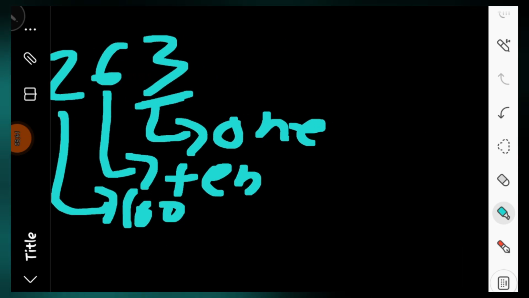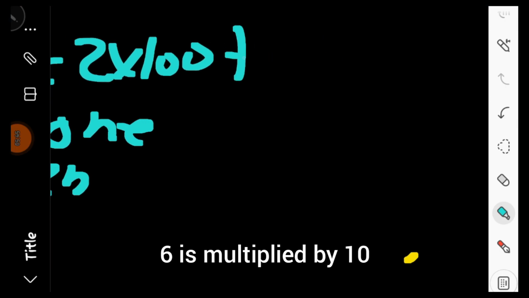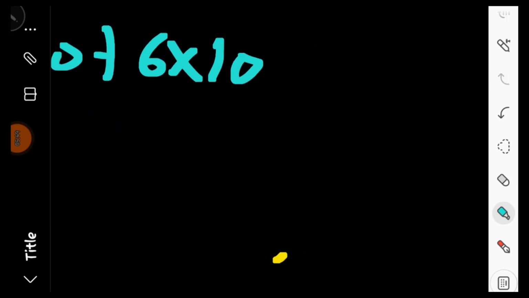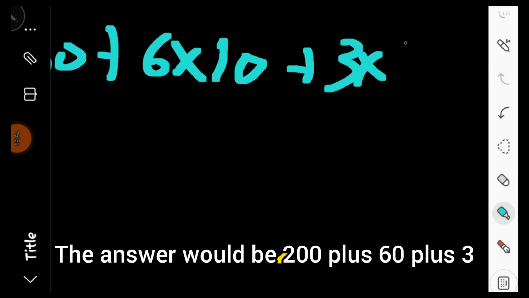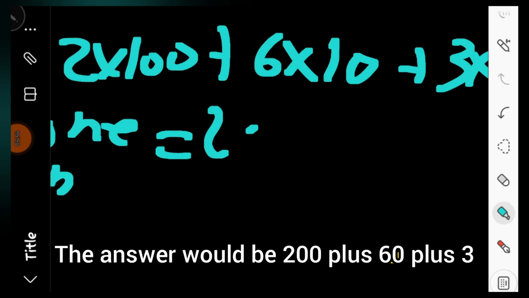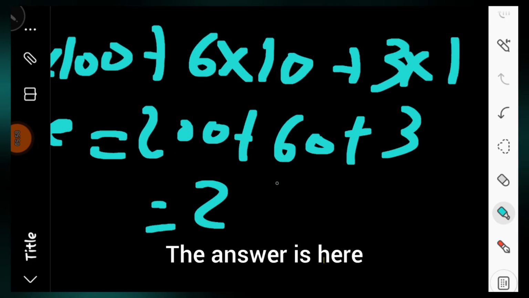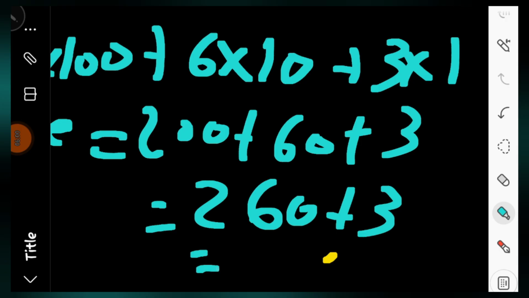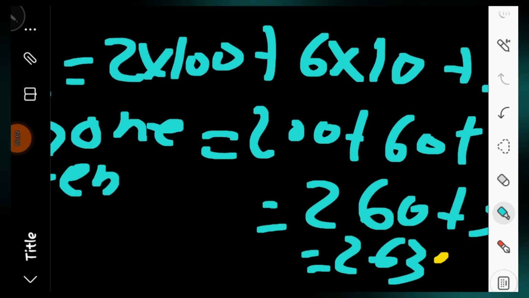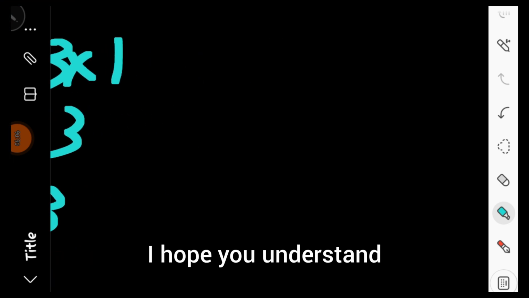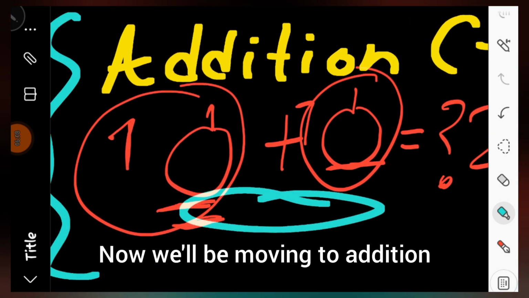Let's test it. 2 is multiplied by 100. 6 is multiplied by 10. And 3 is multiplied by 1. The answer would be 200 plus 60 plus 3. 260 plus 3, 263. The answer is here. I hope you understand. Now we'll be moving to addition.